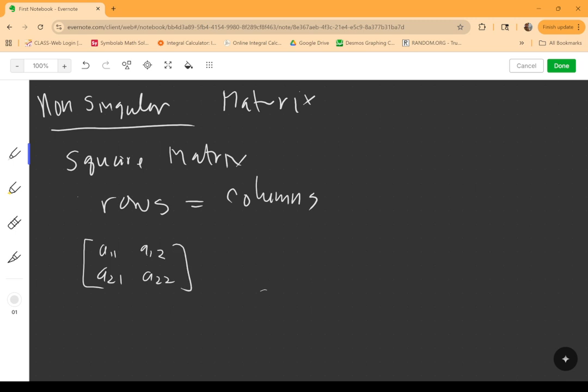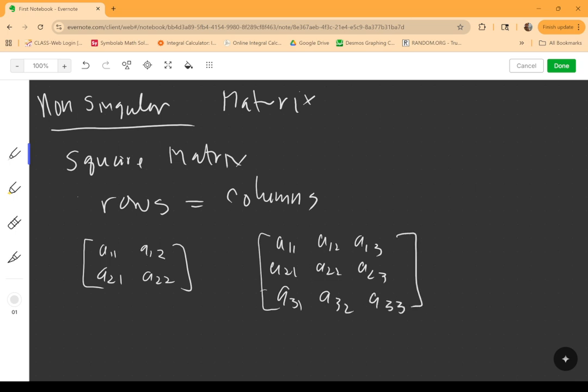That is a general 2 by 2 square matrix. And a 3 by 3. So these are examples: we have a 2 by 2 square matrix and a 3 by 3 square matrix.